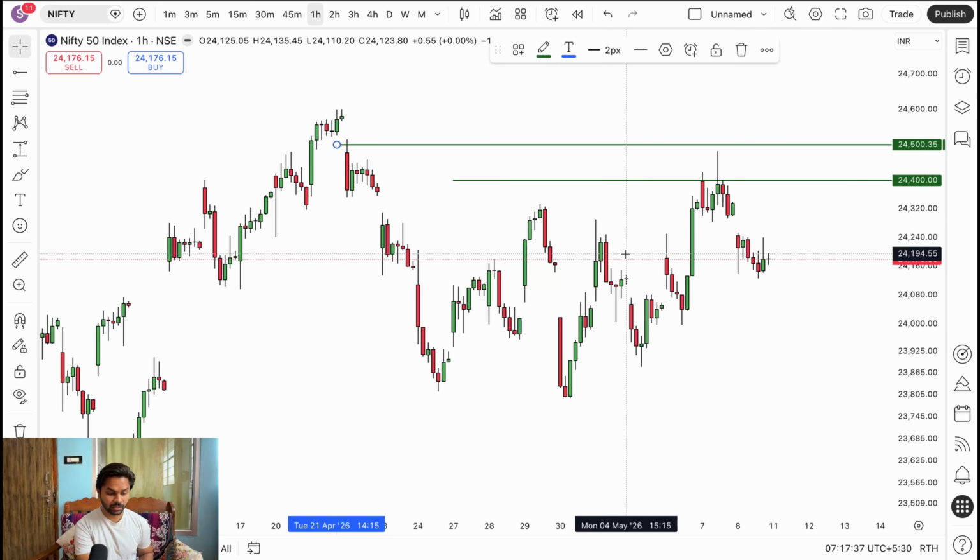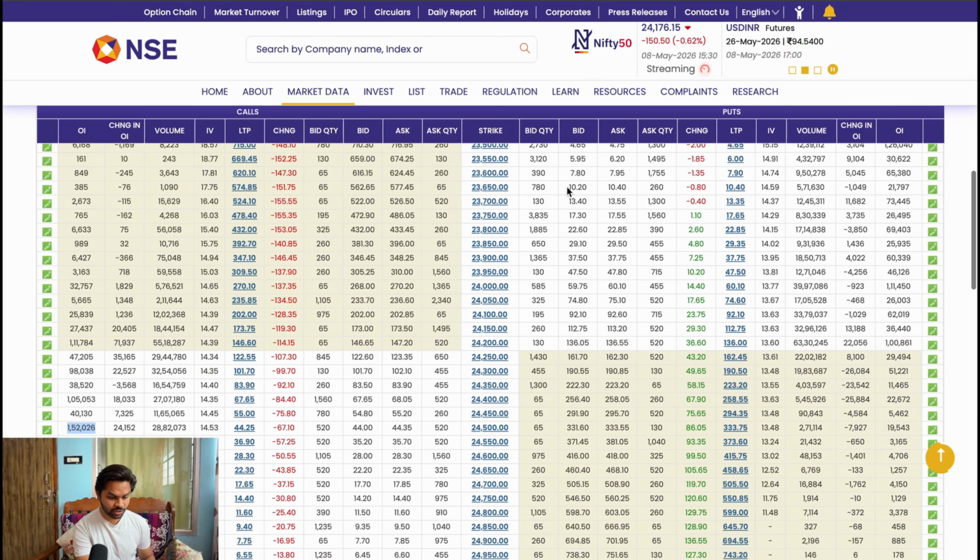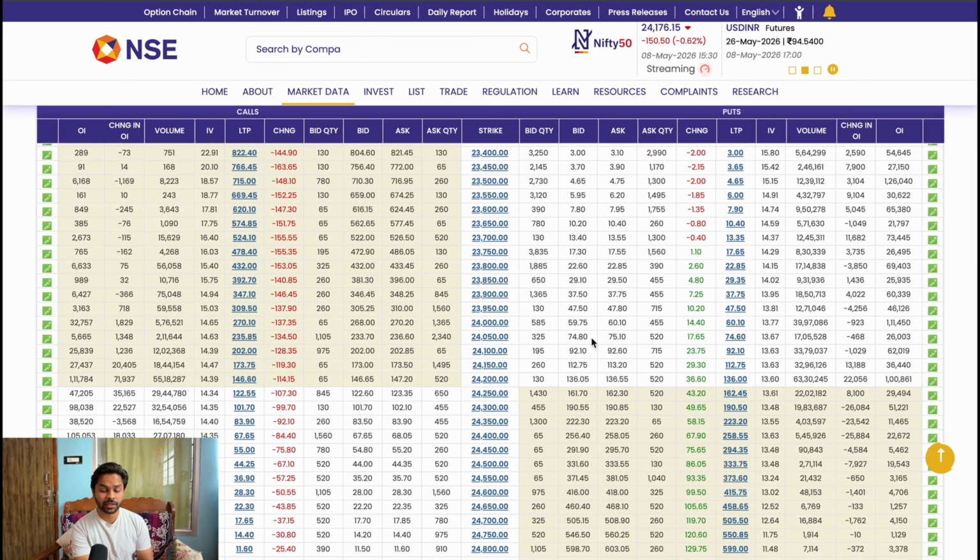And what are the supports? If you look through the option chain, the support you will find on the right hand side, and currently the highest open interest is at 24,000. So 24,000 is the level where you find the highest support, with 39 lakh contracts, however it has a change of negative 923.